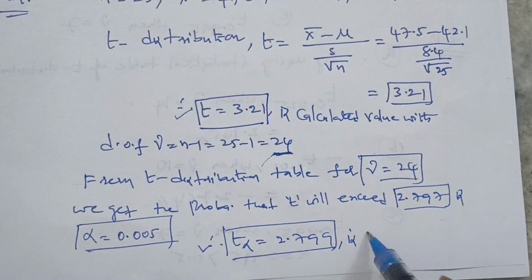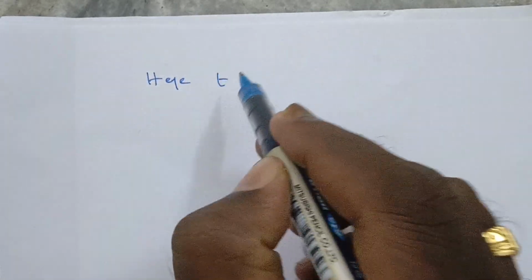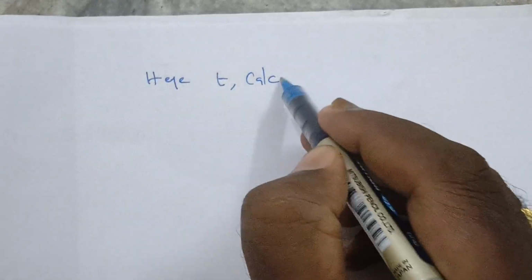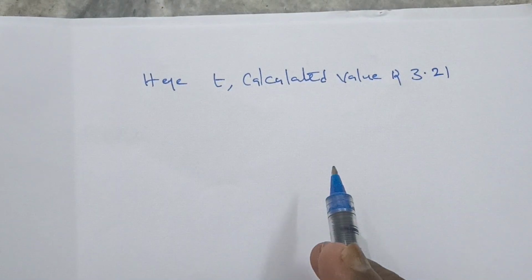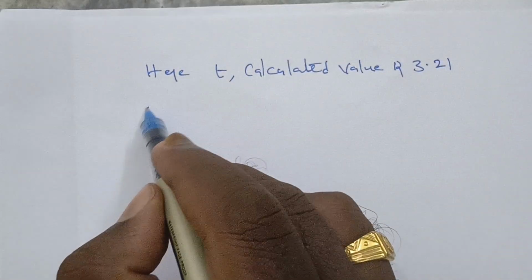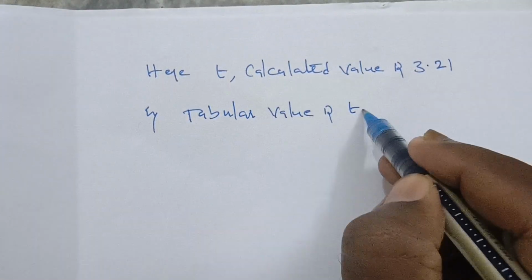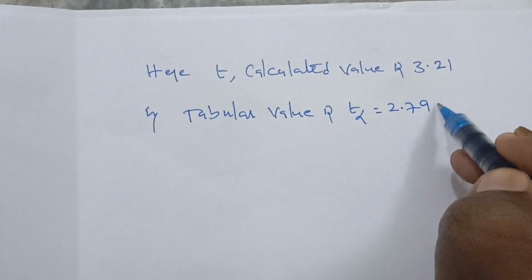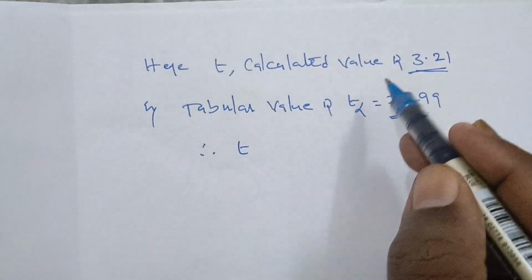From this information, t is the calculated value, that is 3.21, and the tabular value of t, the table value of t, is denoted by T alpha, that is 2.797.